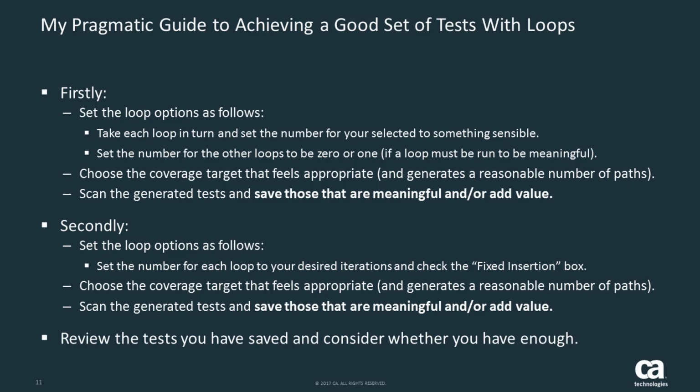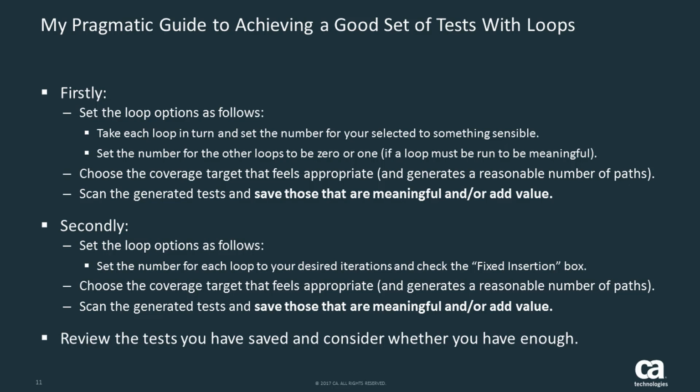It's clear that for every model with loops, the optimizer is very sensitive to the loop settings, and if you're using loops in combination with multiple loops all having multiple values of iterations, you're going to end up with some very complicated calculations and potentially a very large number of paths.